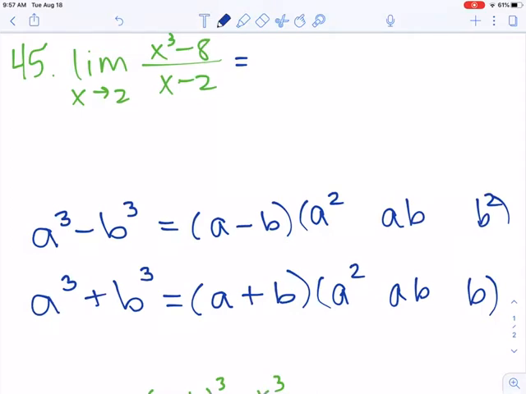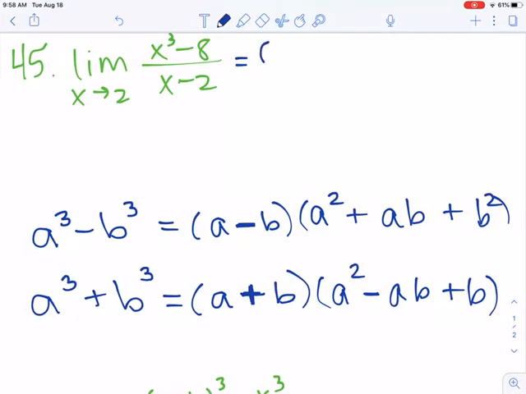There's only one subtraction sign in each of these. In this first one, we already have the subtraction sign in a minus b, so these are both addition signs. In the sum of cubes, we have an addition sign, so the next one is going to be subtraction and then addition. So these are how we factor the difference and sum of cubes.